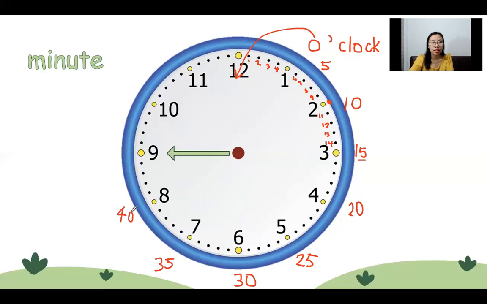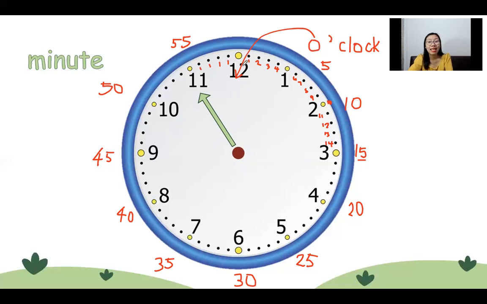Okay, long hand points at 9, 45. Long hand points at 10, 50. Okay. And long hand points at 11, we say 55.